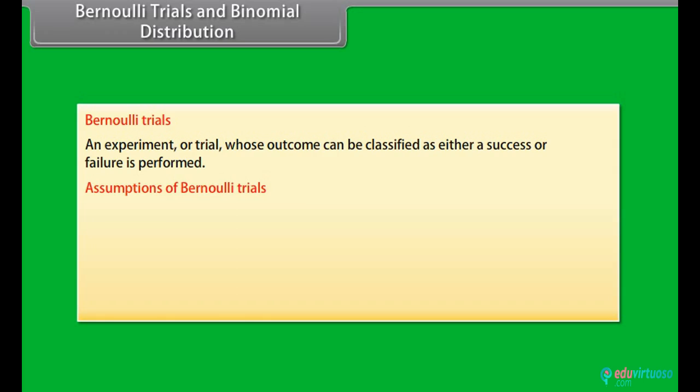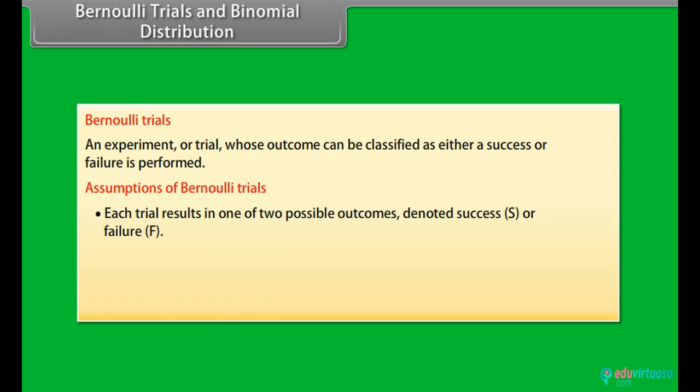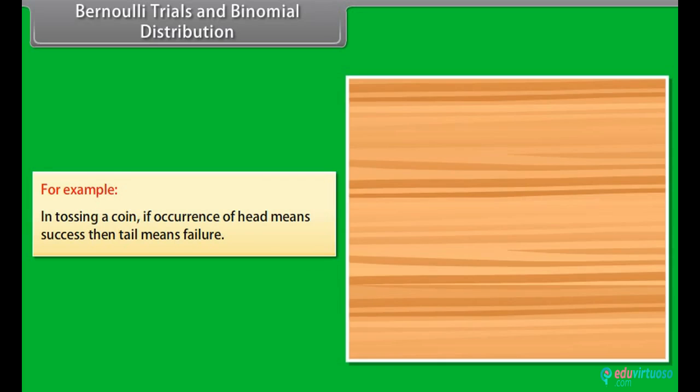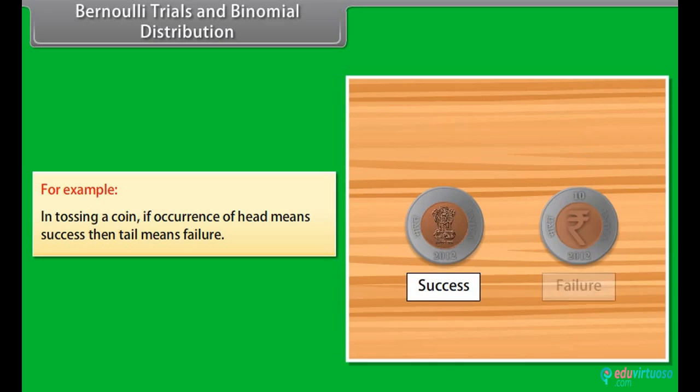Assumptions of Bernoulli trials: each trial results in one of two possible outcomes denoted by success S or failure F. The probability of S remains constant from trial to trial and is denoted by P. Write Q equal to 1 minus P for the constant probability of F. The trials are independent and should be finite in number. For example, in tossing a coin, if occurrence of head means success, then tail means failure.